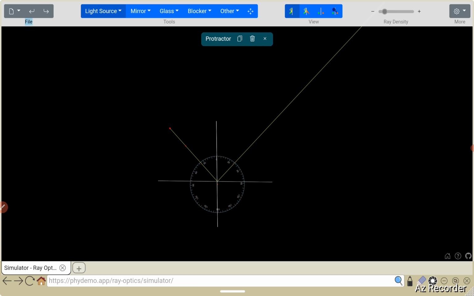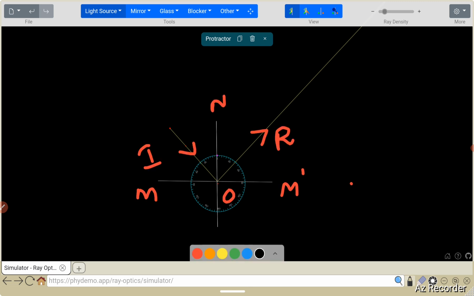One second. Observe here. 90 it is showing down, correct? So if I place it like this, now see here, the angle of incidence and angle of reflection, how it is. From 30 it is on the second line, and here also it is on the second line.